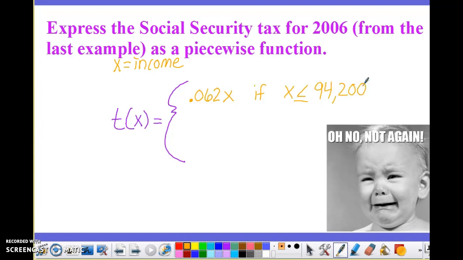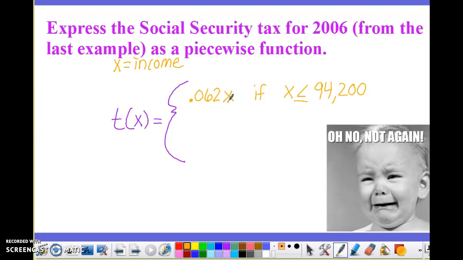If it's 50,000, then I just take 50,000 times 0.062. If my income is 94,000, I take 0.062 times 94,000, and that will give me how much I pay in Social Security.